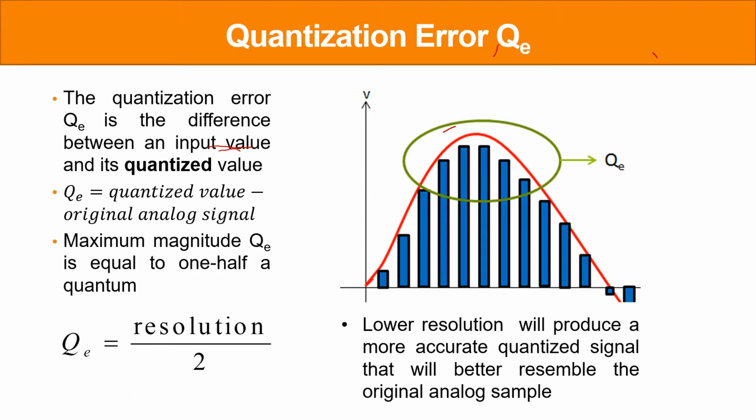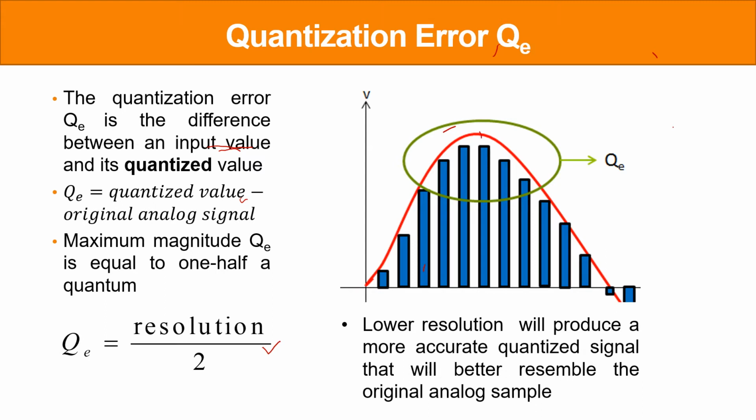So here is the equation: QE equals quantized value minus original analog signal. Maximum magnitude QE is equal to 1/2 a quantum. So if we have the value of resolution, QE is equal to resolution divided by 2.